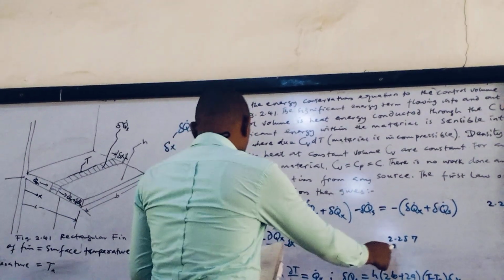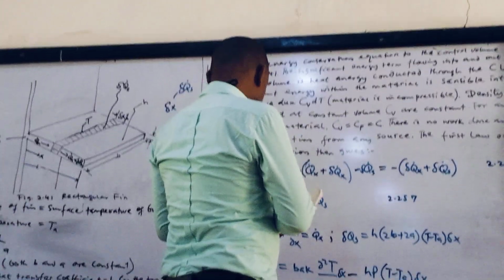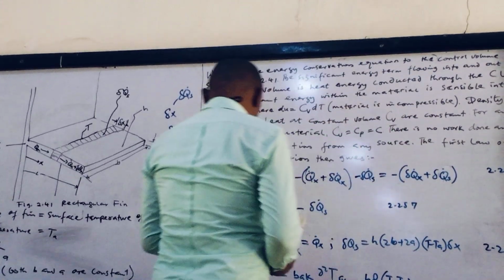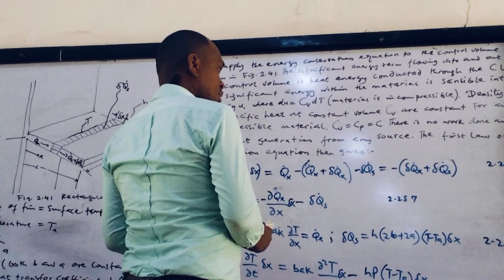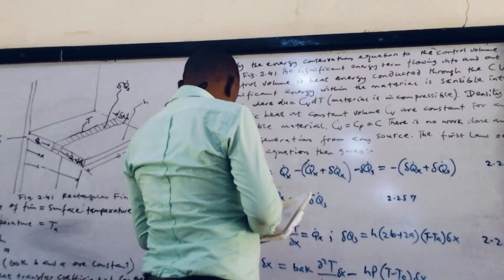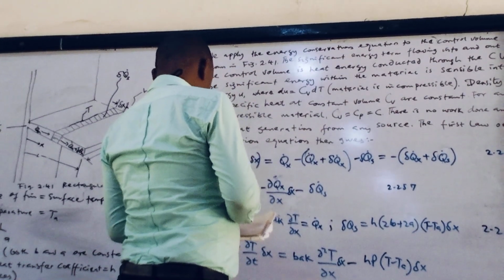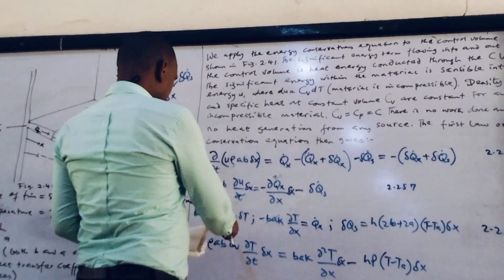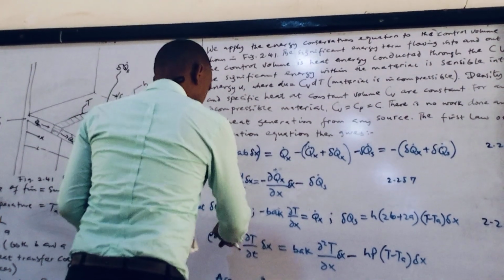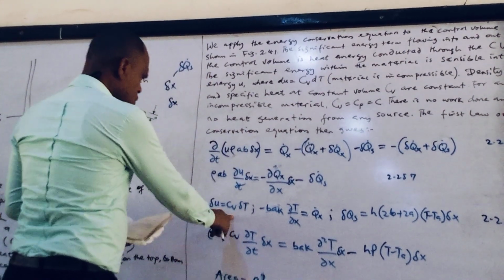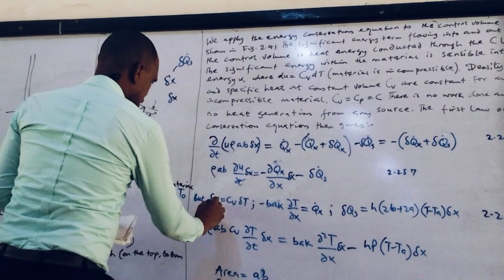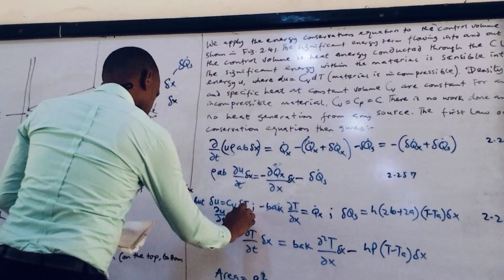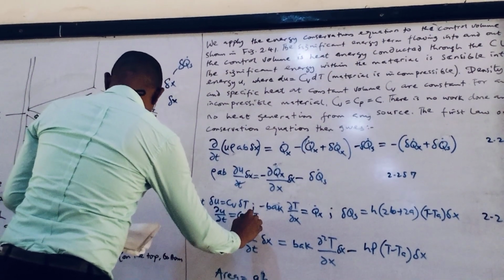So having this 2.257, we now have that this one is 2.258. And of course having this showed that du/dt, if you have this, it means that du/dt is equal to cv dT/dt.